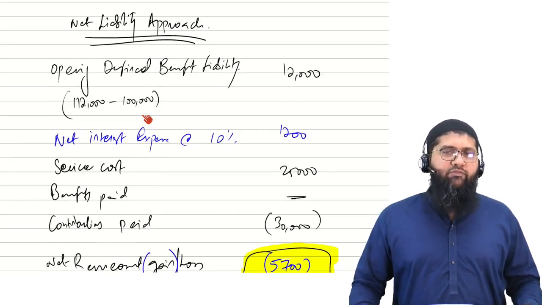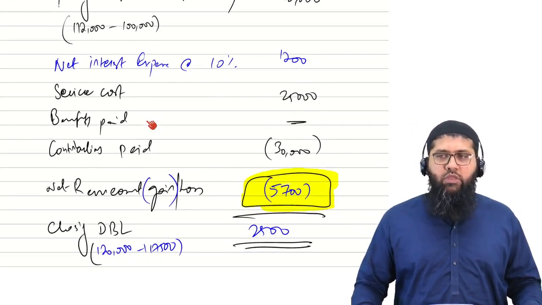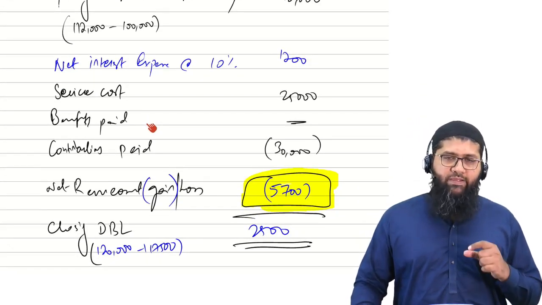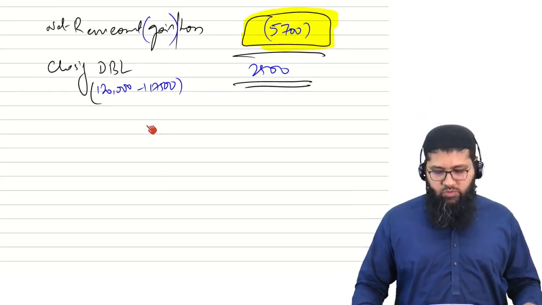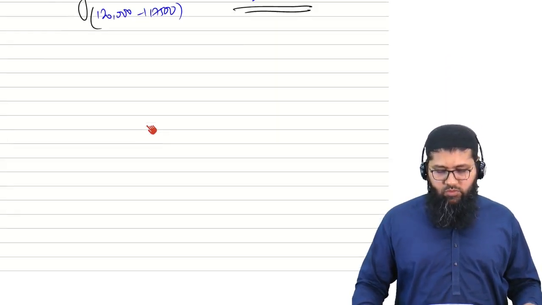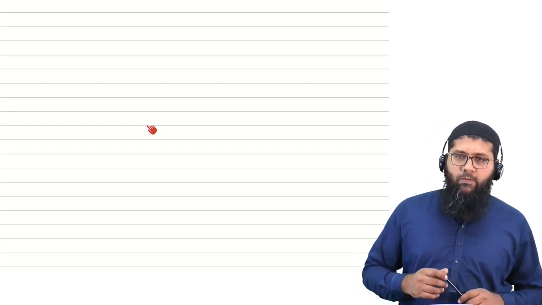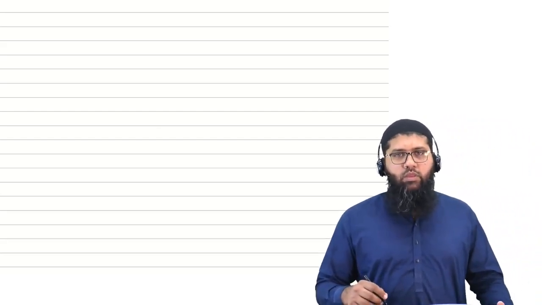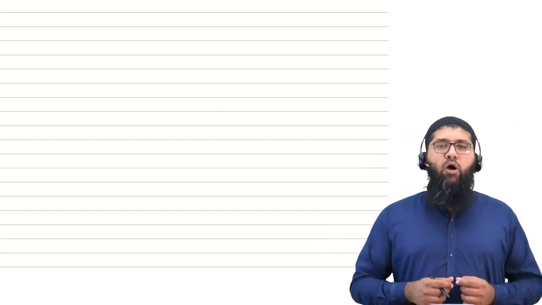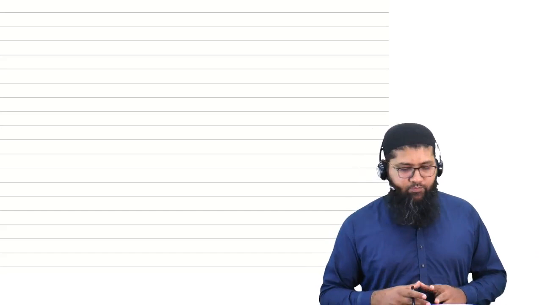So guys, what have we done till now? We have discussed this net liability approach also when it comes to solving this IAS 19 post-employment benefit scenario. Now, there are one or two small concepts that we need to discuss further with respect to IAS 19.